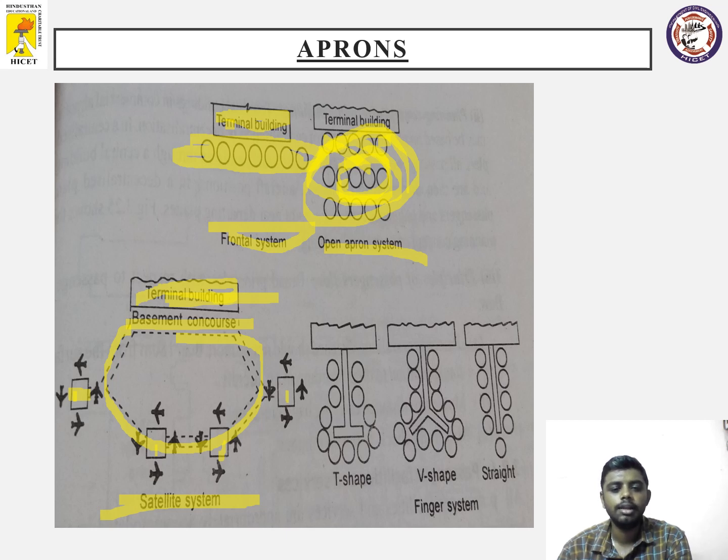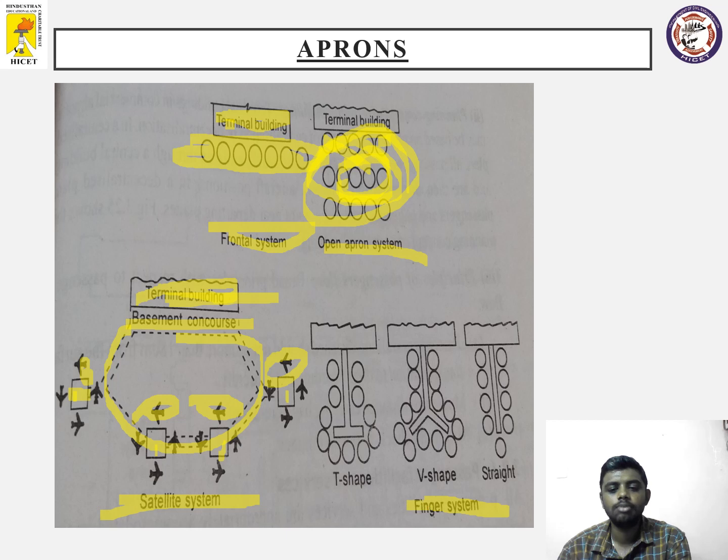Like a flight can be landing here, or simultaneously another aircraft may be taking off here, another aircraft may be here for unloading of cargo, another aircraft may be here for loading of cargo. Various activities will be going on, and this is not a very economical one. The land usage is not very efficient here, and this is generally done for medium-sized airports where land is adequately present.